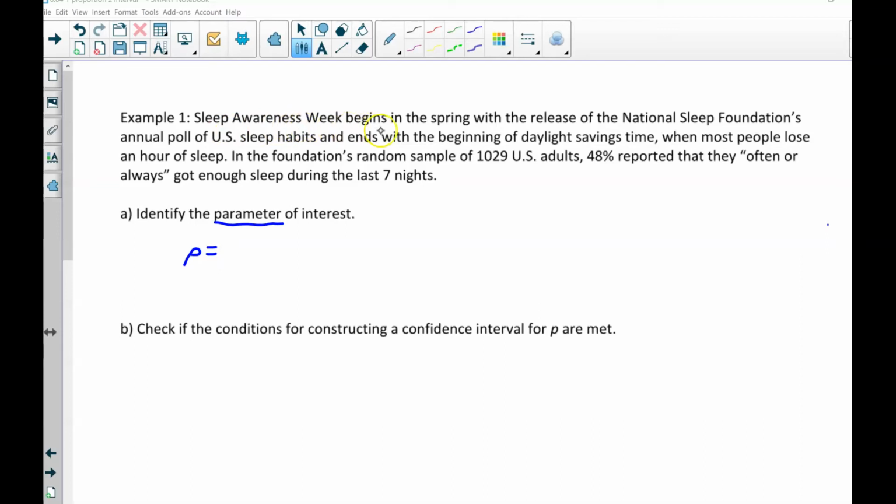Sleep awareness begins in the spring with the release of the National Sleep Foundation's annual poll of U.S. sleep habits and ends with the beginning of daylight savings time, when most people lose an hour of sleep.